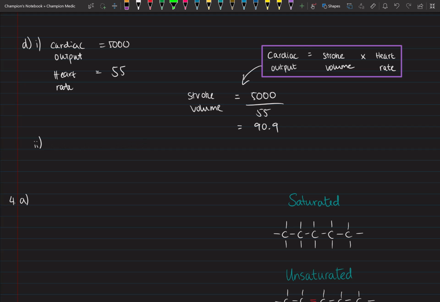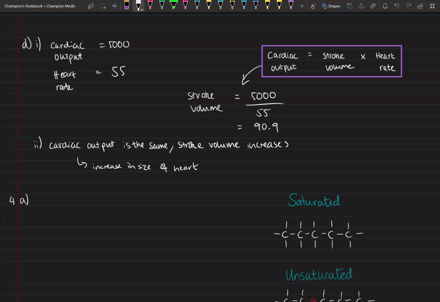The question tells us that the cardiac output is the same and the stroke volume increases. So we can use our own logic to realize that the heart is becoming more efficient, but we need a more scientific way of saying that. So we can just say stronger contraction or an increase in size of the ventricles. Either of those would get you the mark.